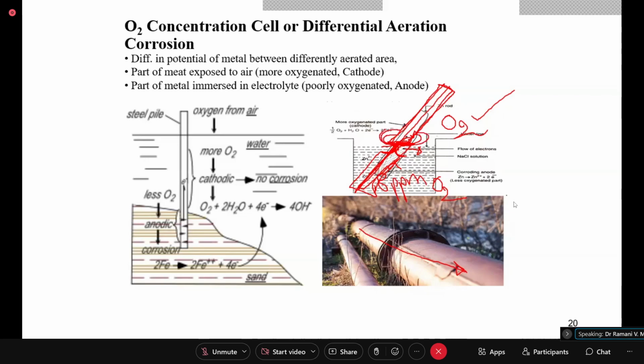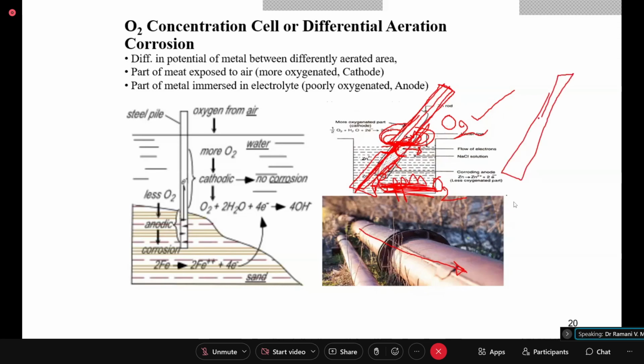The rust formation. Now, rust is not very adherent and will not stick. So the rust which is forming on this cathodic part, which is in contact with more quantity of oxygen, goes and deposits at the bottom because it is loose. It is not adherent to the surface of the metal.